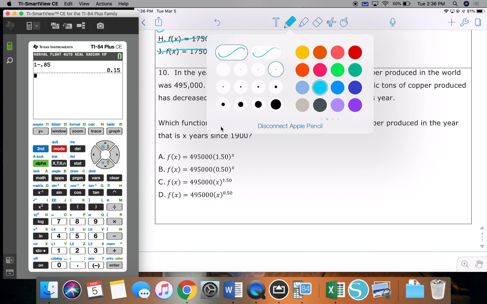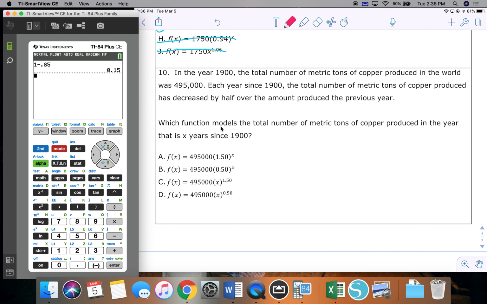So problem 10, we're doing something similar. Total metric tons of copper produced in the world was this, so that's how much we're starting with. Each year since, the number of copper produced has decreased by half of the previous year. So which one shows the number of tons of copper produced in the years since? So we're starting with 495,000.